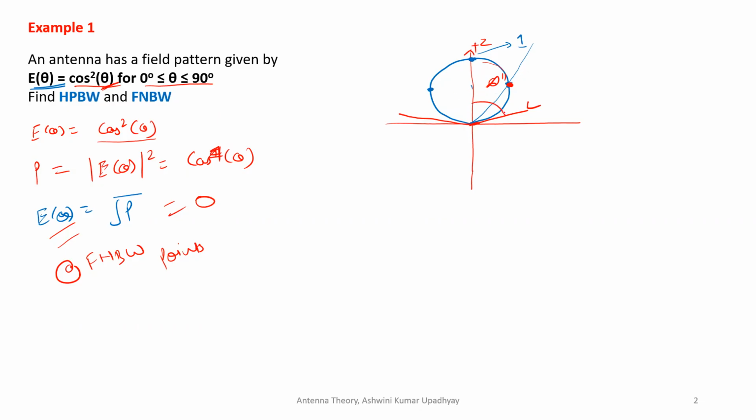This angle is going to be theta double dash, and since this is symmetric, this angle is also going to be theta double dash. So we will just calculate theta double dash.